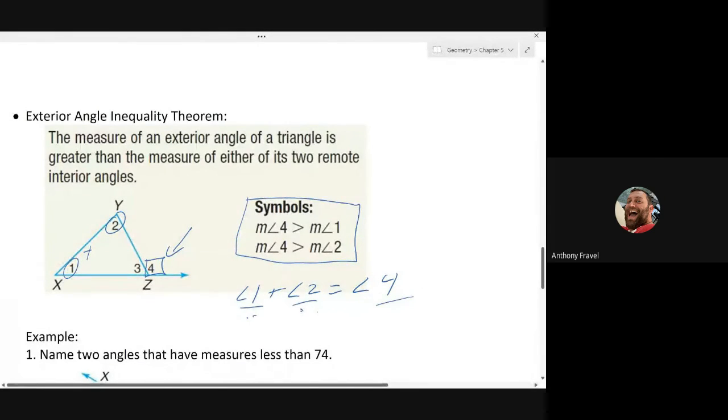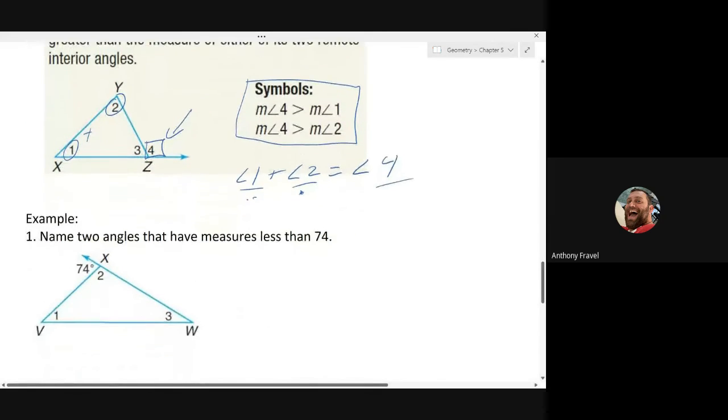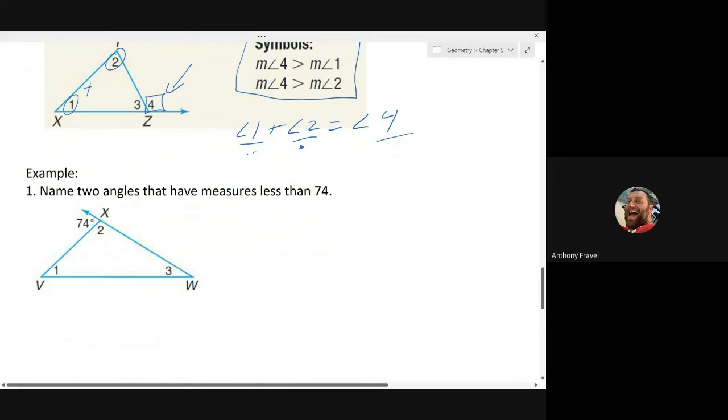The exterior angle is going to be the sum of the two interior angles that are opposite from where that point is and don't touch it. So that's where we're going with this part of the problem.